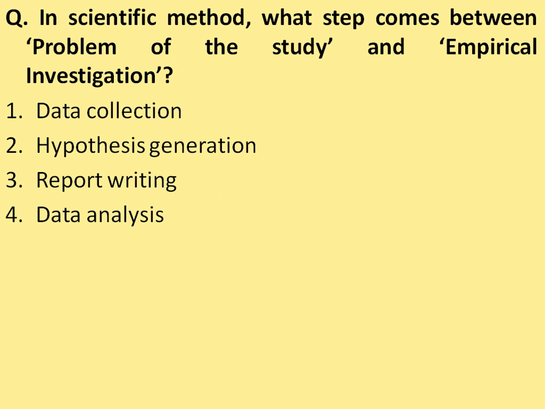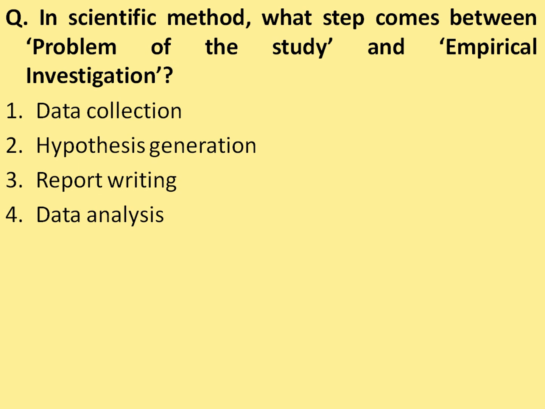And the next question, in scientific method, what step comes between problem of the study and empirical investigation? Option 1, data collection, option 2, hypothesis generation, option 3, report writing, and option 4, data analysis. What will be the correct option?